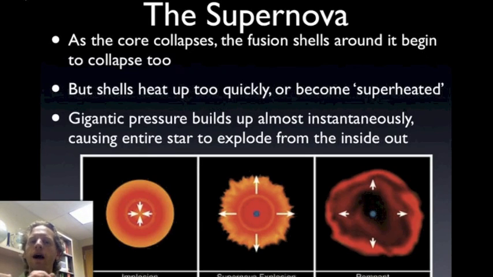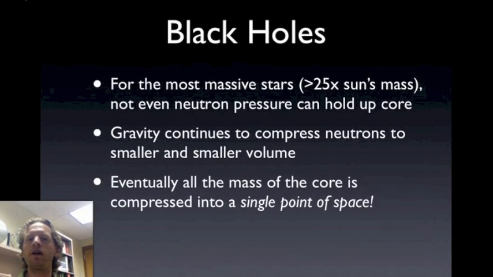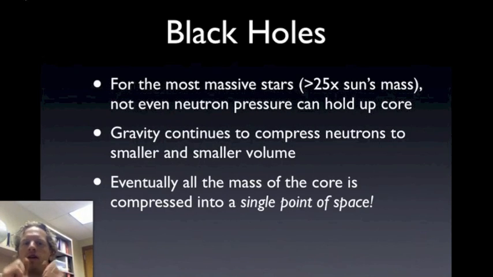Most stars will leave behind a neutron star at the center of the supernova. However, for the very, very most massive stars in the universe, the stars that are more than 25 times the mass of our sun, so these are just the very high mass O-type stars, essentially, not even the neutron pressure of those very tightly bunched neutrons is able to stand up to gravity.